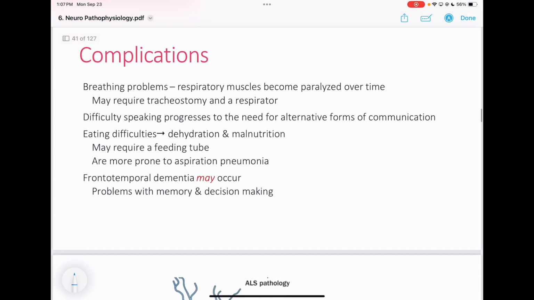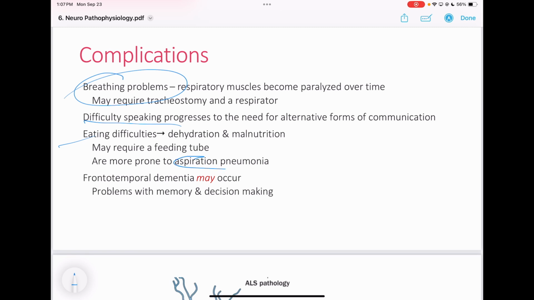Complications of ALS. Breathing is the biggest one. You've got to watch out for that. Once those respiratory muscles start to become affected, they can't maintain their airway and their breathing anymore. If they have any problems speaking, you may need to start looking at alternative ways to communicate. Eating difficulties are going to arise depending on when those muscles of respiration or swallowing start to get affected.